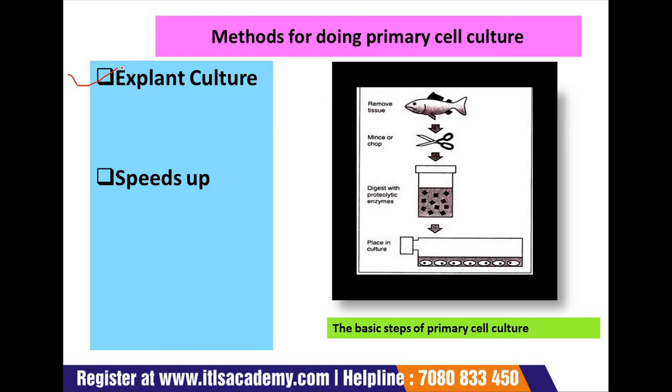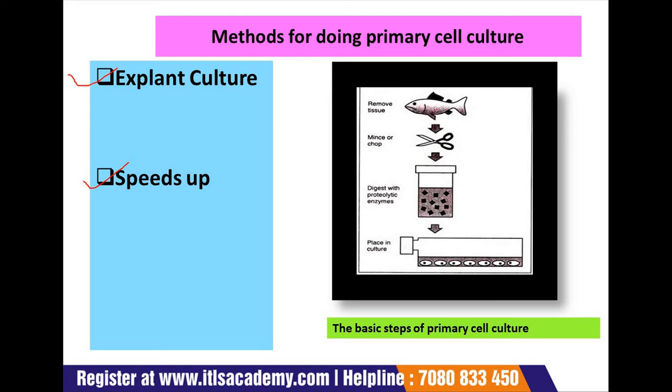The second, more widely used method speeds up the process by adding digestive or proteolytic enzymes such as trypsin or collagenase to the tissue fragments to dissolve the cement holding the cells together.